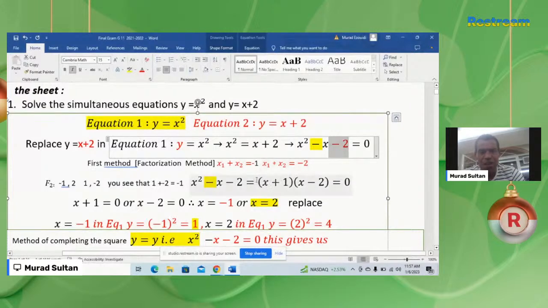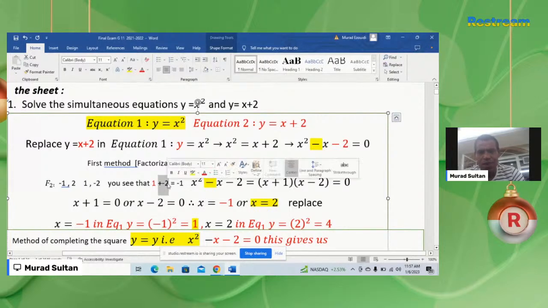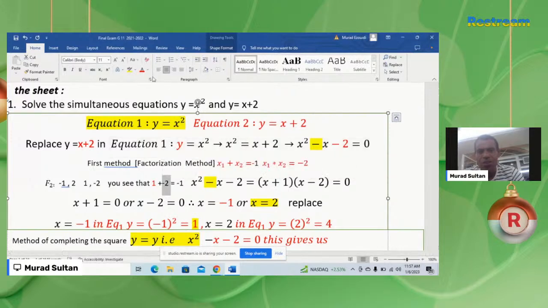Therefore, I write this as x plus 1 and x minus 2. In fact, these are not the roots, but if you reverse this pair of numbers, you will get the roots of this quadratic equation.